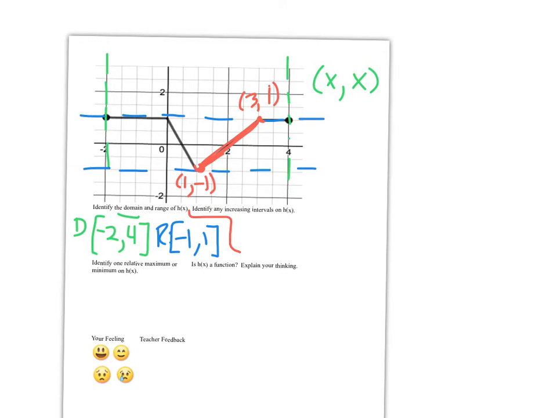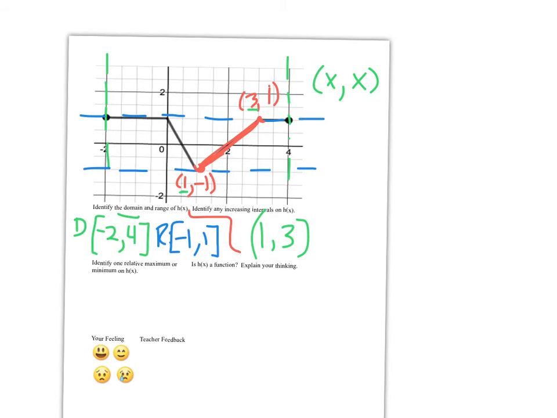So they paired up the negative 1 with the 3, and we have to make sure that we're using x values only for this. So what we're looking for is the x value of the first one and the x value of the second one. The answer for this would be 1 to 3. Technically, both of those would be curvy parentheses, but it doesn't matter as long as you are appropriately selecting those numbers.